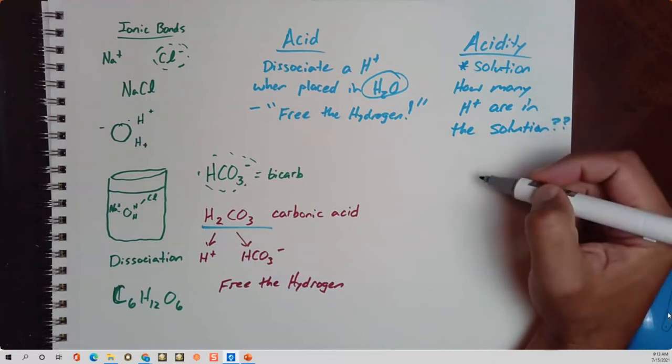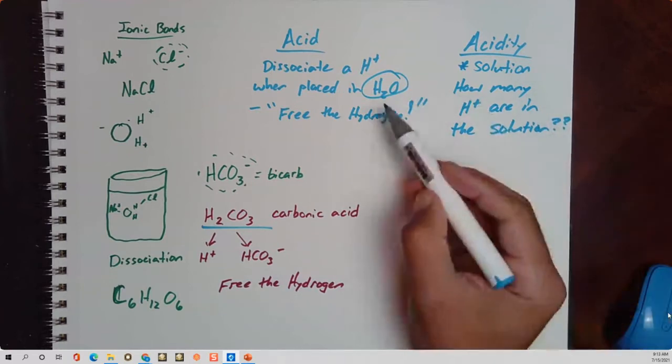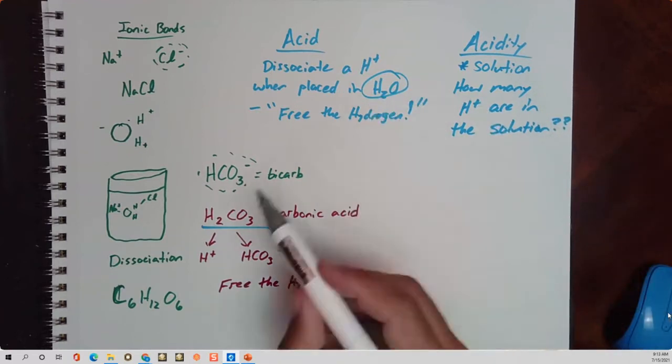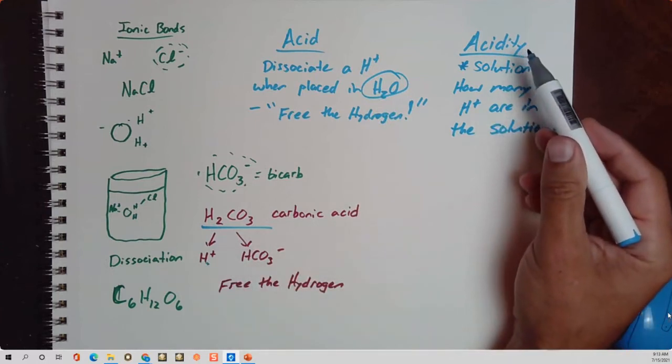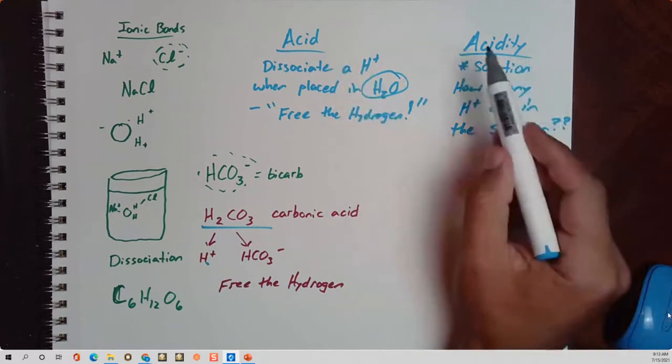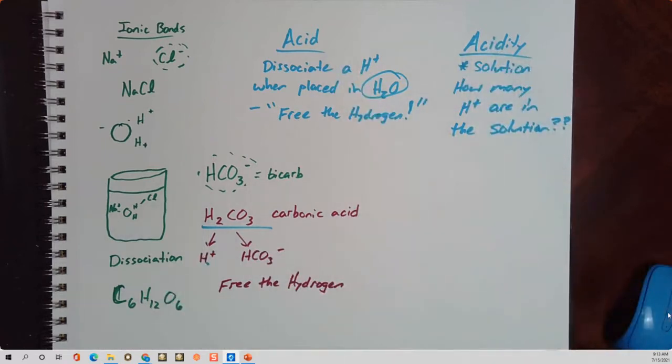That's acidity. When you place an acid in solution, it will release a hydrogen, which now makes that solution acidic. An acid and acidity are not the same thing. Is everybody with me?